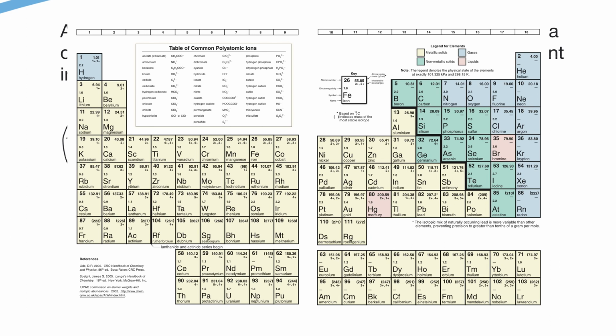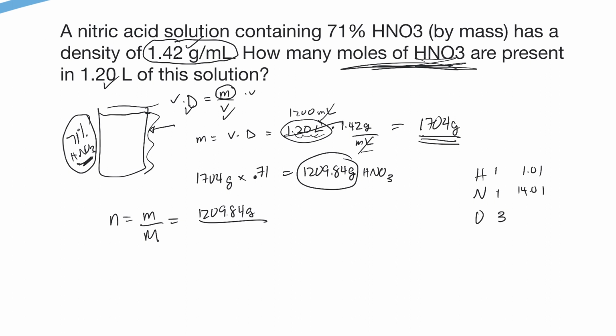Nitrogen, 14.01, and oxygen is 16. So 3 16s are 48, plus 14.01, and 1.01. So altogether it's 63.02. So if I divide by 63.02 grams per mole, then that'll give me how many moles I have.